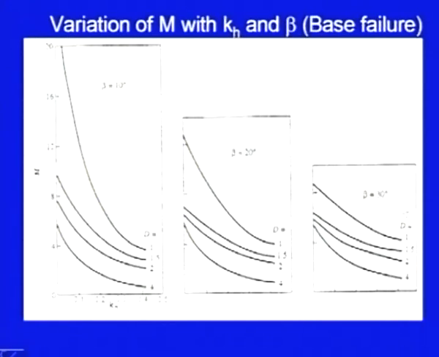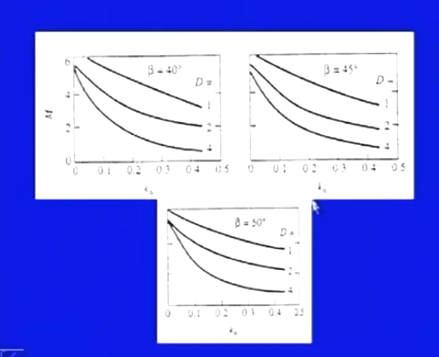Similarly, the second chart is for beta equal to 20 degree, then beta equal to 30 degree, and then you have beta equal to 40 degree, 45 degree and 50 degree. On the x axis you always have kh, y axis m, and there are different curves for different d values. So, for intermediate values you can do the interpolation.